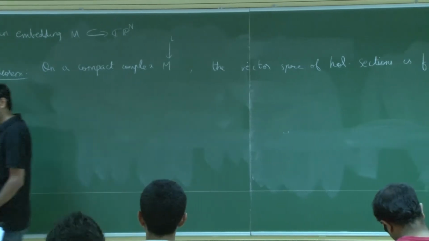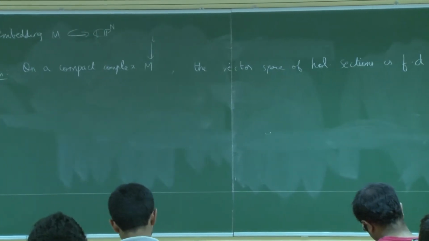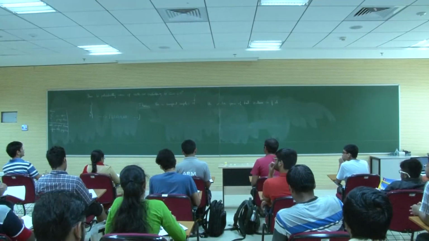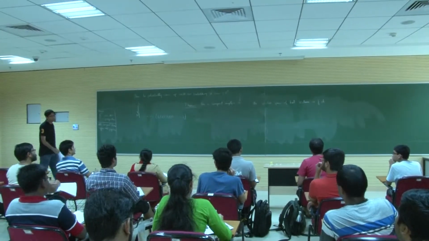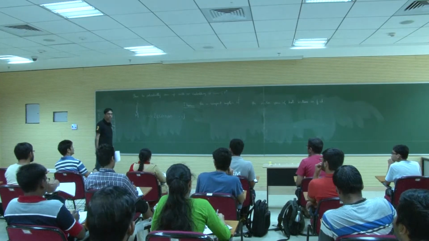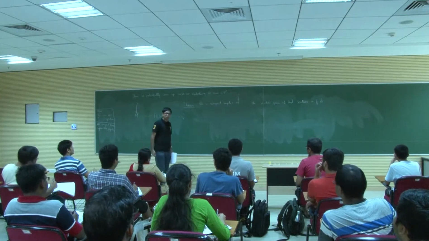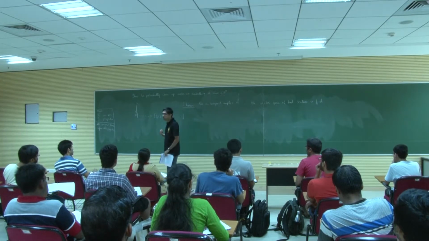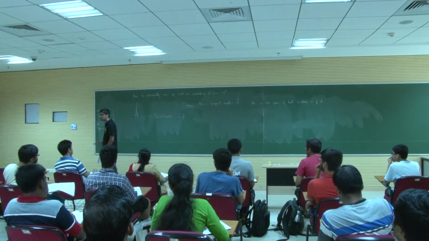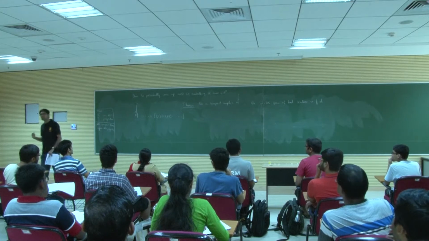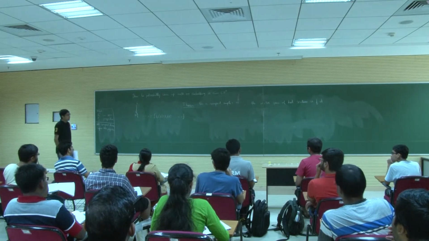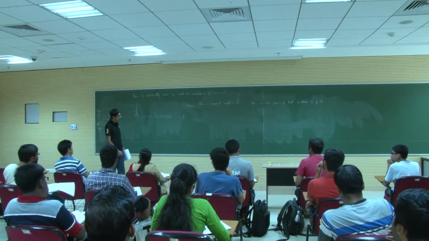This is actually a very non-trivial result. Notice that, to give you an analogy, if you take smooth functions on a smooth manifold, this vector space is infinite dimensional, right? Holomorphic functions on a compact complex manifold is one dimensional, it's just constants. Holomorphic sections of a line bundle is still finite dimensional. Okay? And this is not easy to prove.